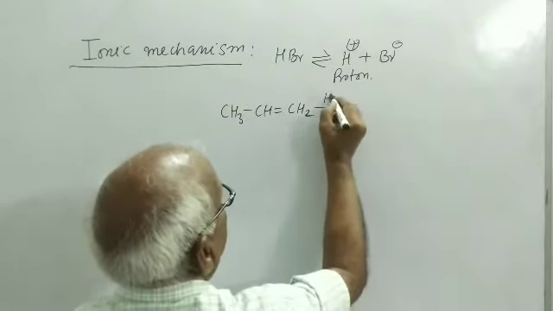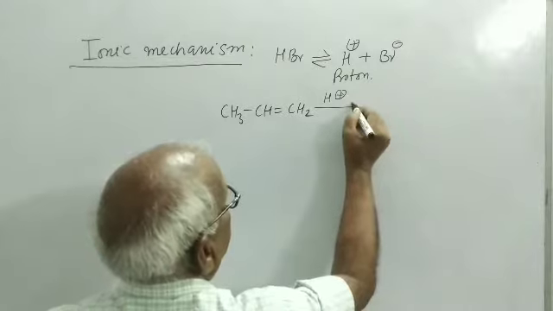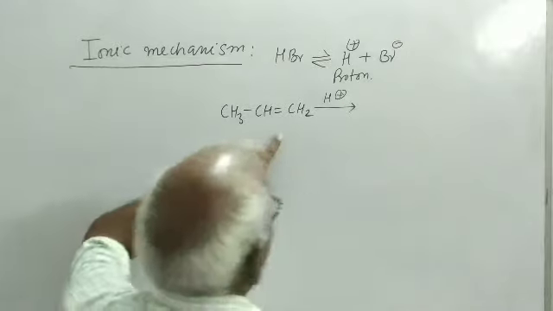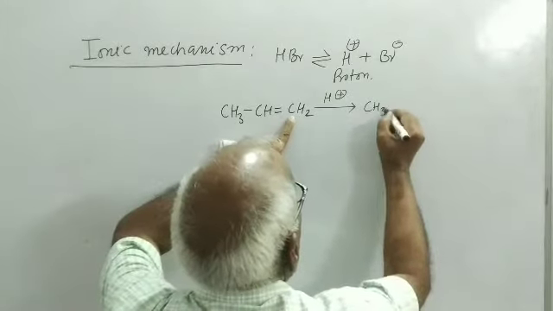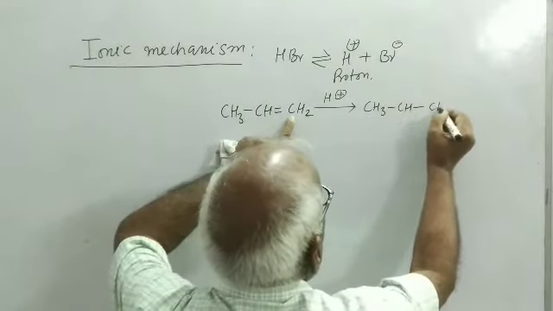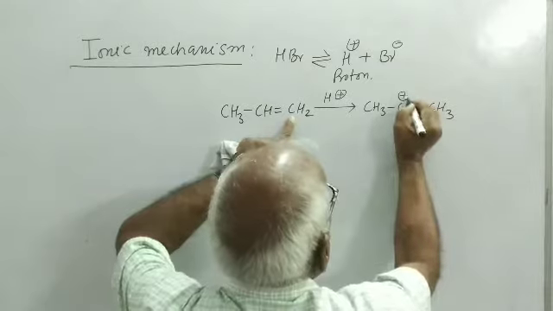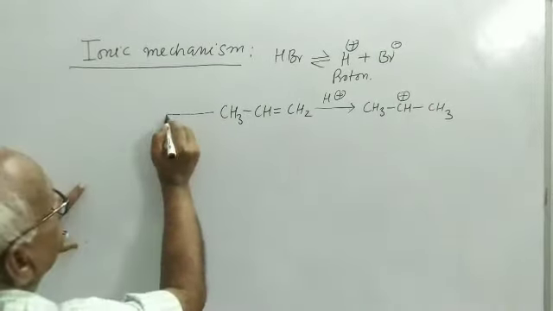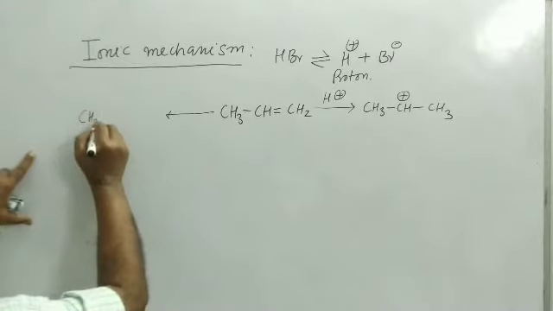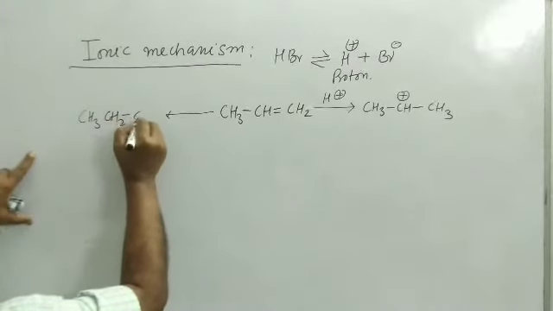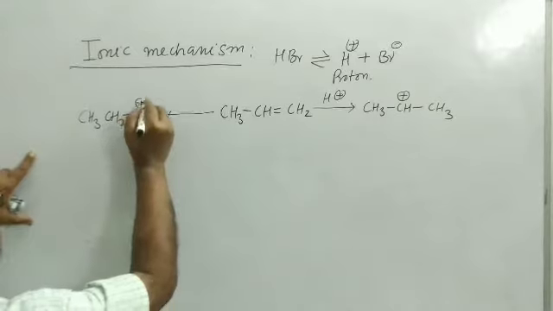So first stage is addition of H plus ion. You add on this carbon, CH3 CH3, and in other case you add on this carbon. So this is CH3 CH2 CH2. This is carbocation.